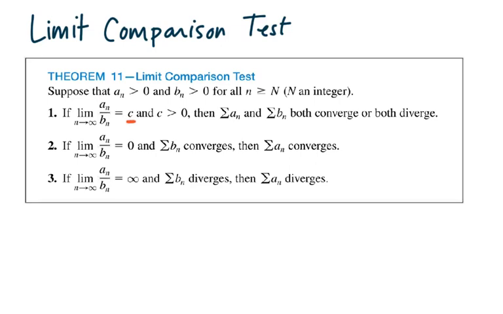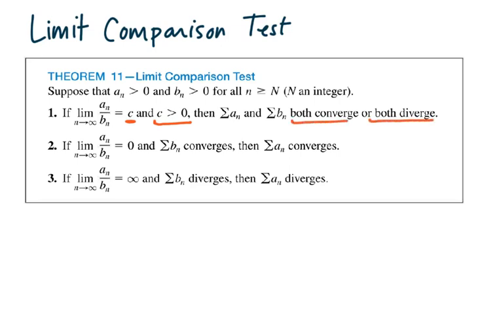If we get a constant, situation one, when we do the limit of this ratio of terms and that constant is positive, then we can state that the series of A and B either both converge or both diverge.